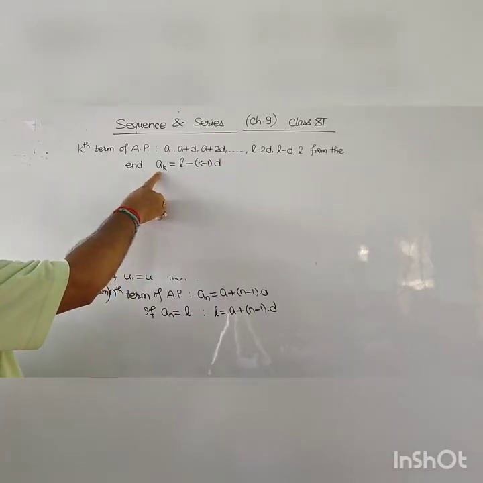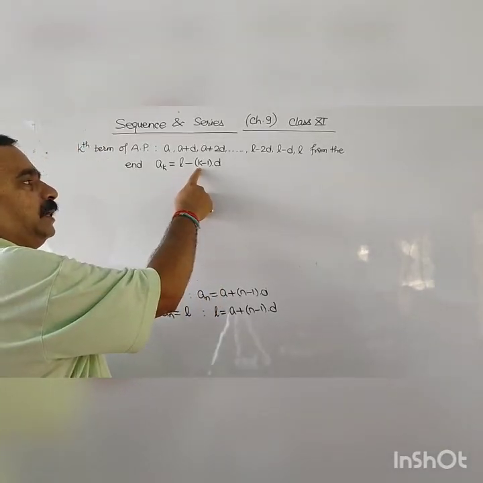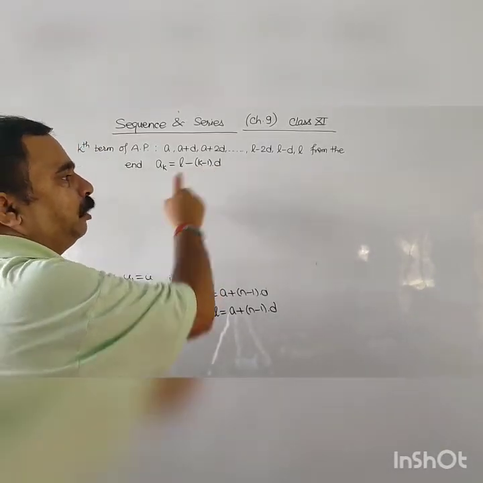AK यानी kth टर्म फ्रॉम दी एंड, l यानी लास्ट टर्म, k यानी नंबर ऑफ टर्म्स, d यानी कॉमन डिफरेंस.